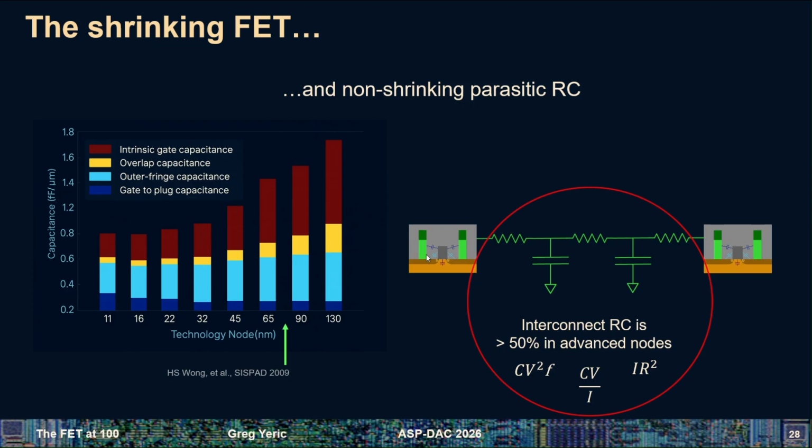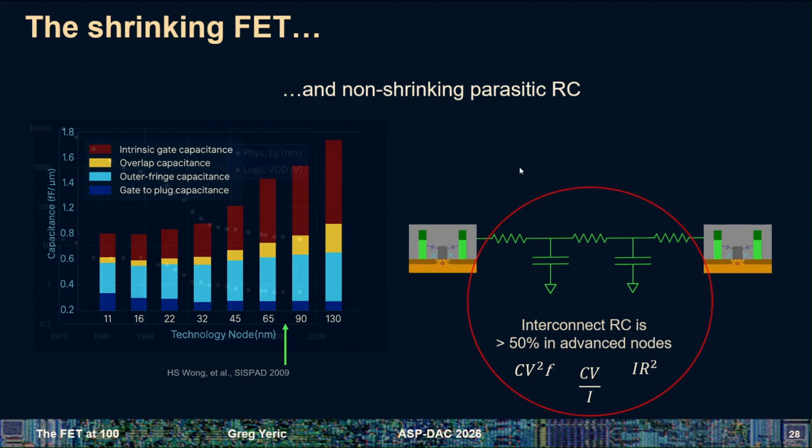So in these little boxes, the pictures of the FET, now the intrinsic capacitance is a minority of the overall capacitance built into this actual FET. So this would be a device we'd model in our design automation software. But when you want to connect 2 transistors to each other, the wire capacitance between them in the 7 nanometer node on down is actually a majority of the problem, and the minority of the problem is the actual transistors.